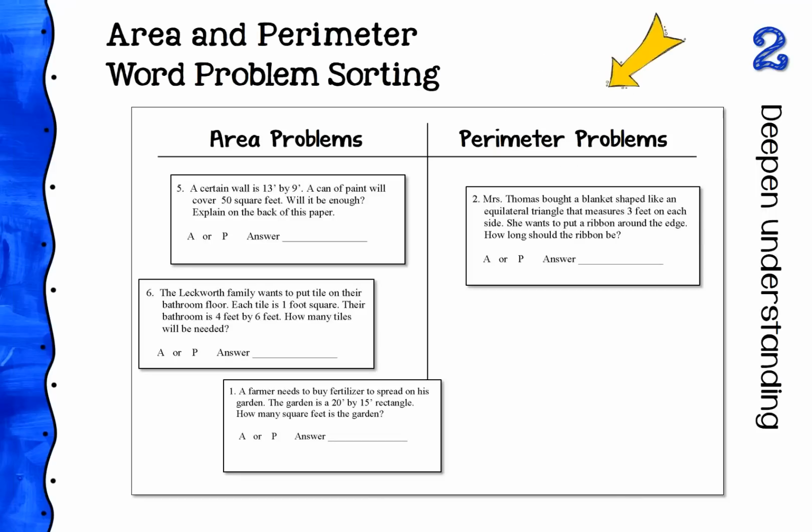And then they would just take turns sorting them as shown, and they wouldn't even have to write the answer or solve the problem at this point. They would mostly just be discussing it, sorting it, trying to figure out what strategies to use. And then after they sort the problems, they could just go back to their own desks or get out their own individual worksheet and do the problems independently.